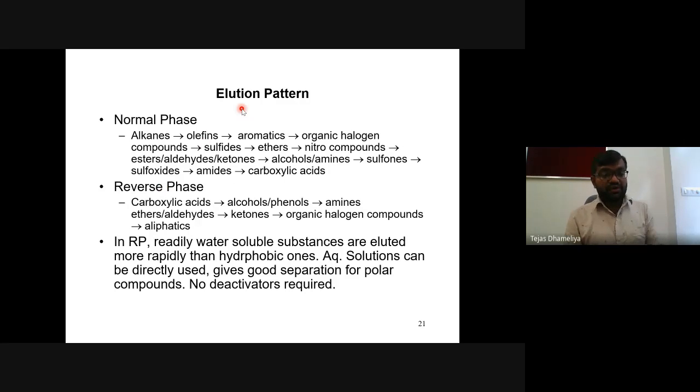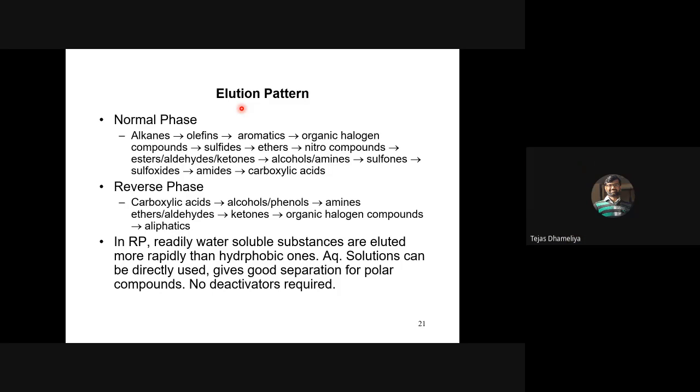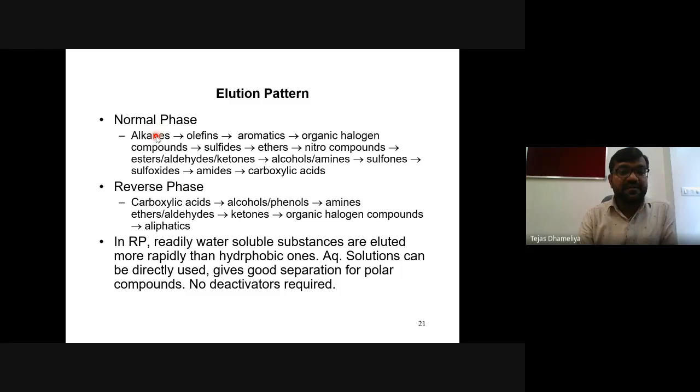Then it comes to the elution pattern. So elution pattern of several of the compounds is also of our concern because this elution way they are going to interact. Now this elution pattern is completely different for different substances. For example, alkanes, olefins, aromatics, and these are all non-polar compounds, so they will come out first.